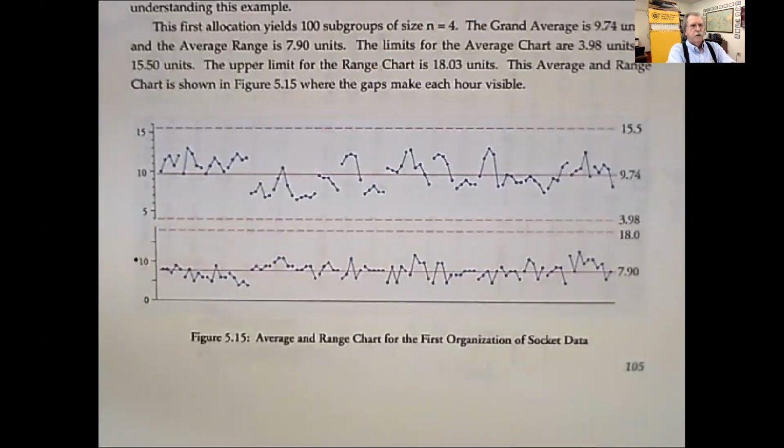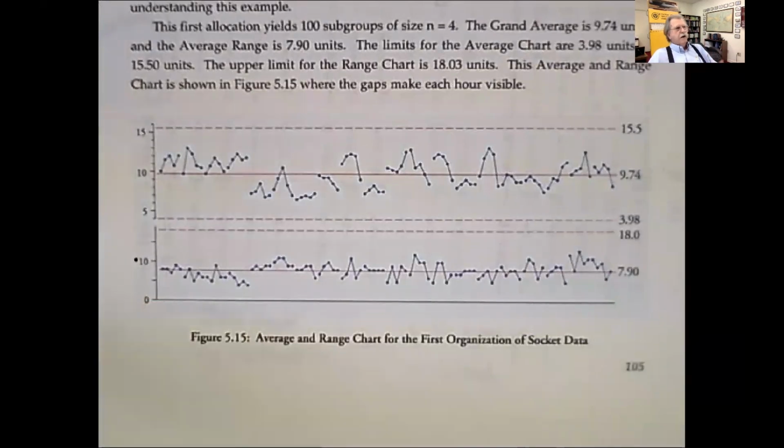So the first 4 segments are day 1. The next 4 segments are day 2, and something changed between day 1 and day 2, didn't it? In fact, the line segments I left out are some of the bigger line segments. Hour to hour and day to day, there's something happening to this process.